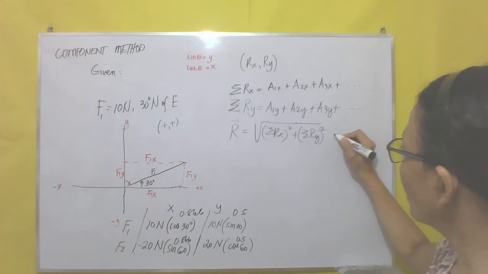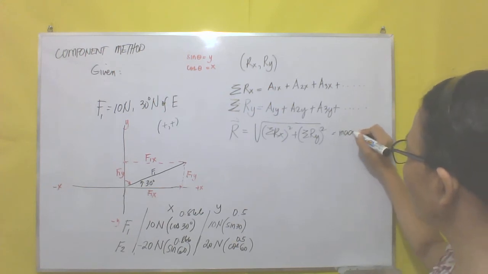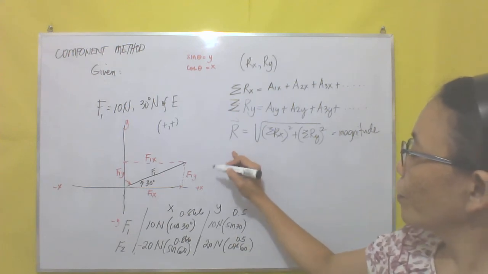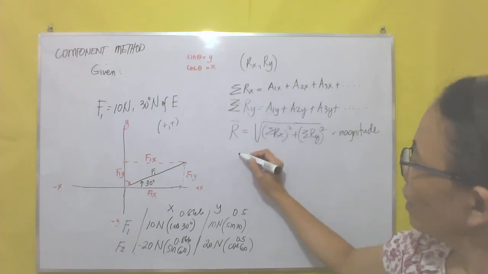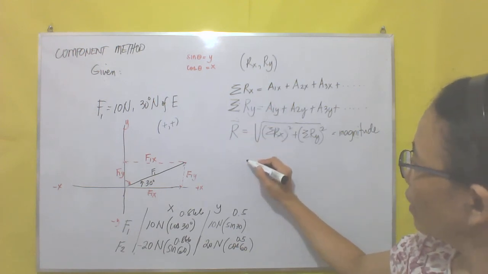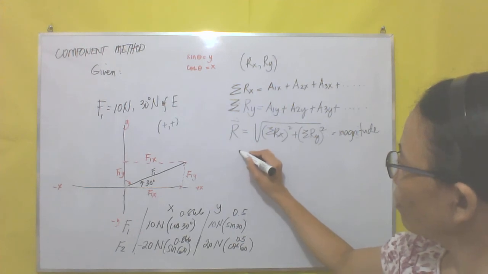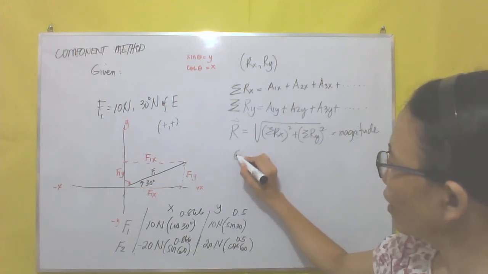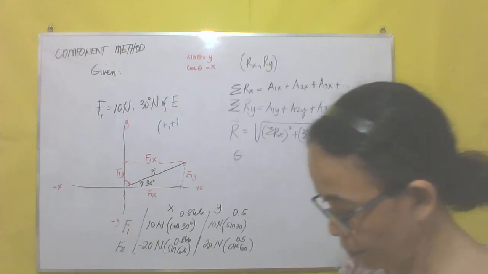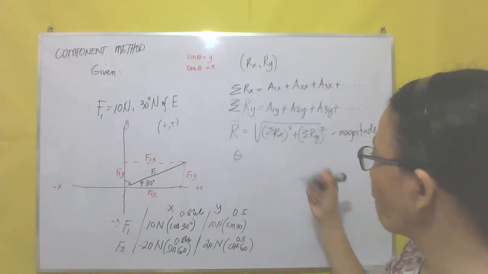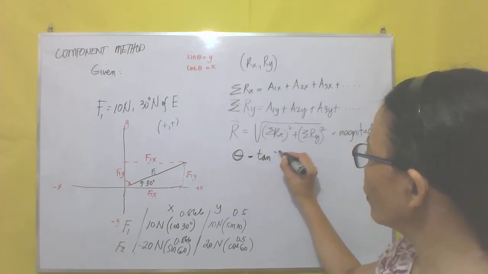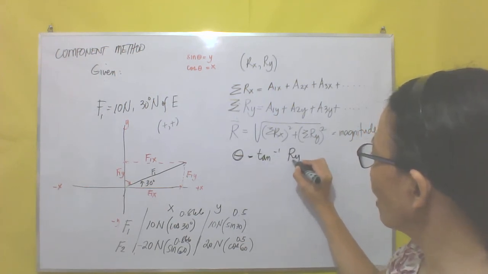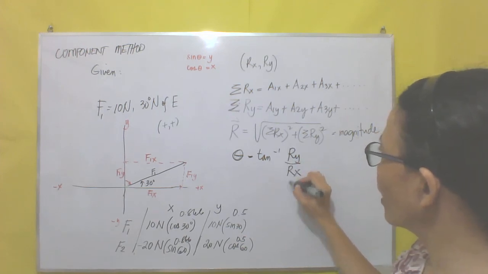So this is the equation for finding the magnitude. Next, for the angle, angle theta is equal to the inverse tangent of Ry over Rx.